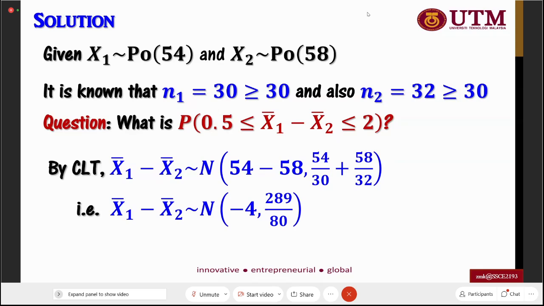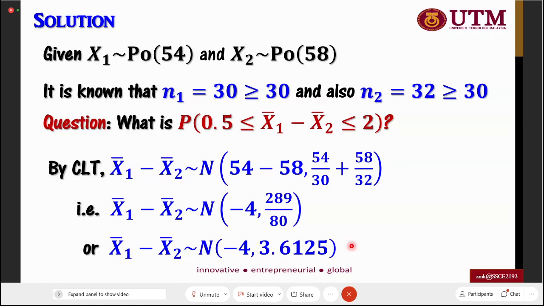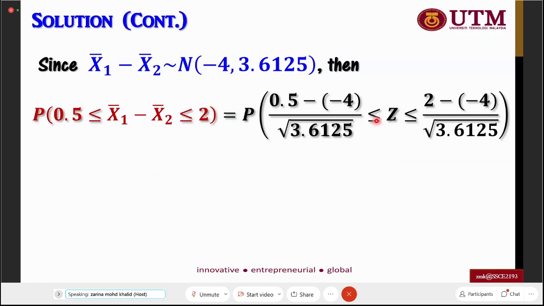Sometimes students forget that negative. This is mathematics: negative 4 is not the same as 4. So please be careful when you write down the values, divided by the square root of the variance. We already simplified this variance, so that's why I said simplify first so that you can use the value easily.